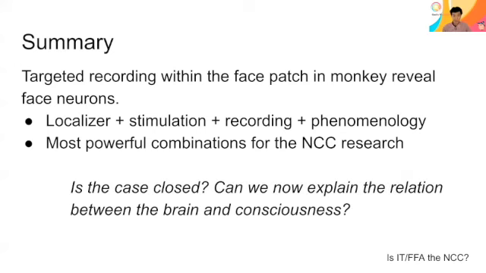But if we can do this, can we already conclude that we are going to explain everything about the brain and consciousness? That's a question we are going to deal with in the next video and for the rest of the lectures.